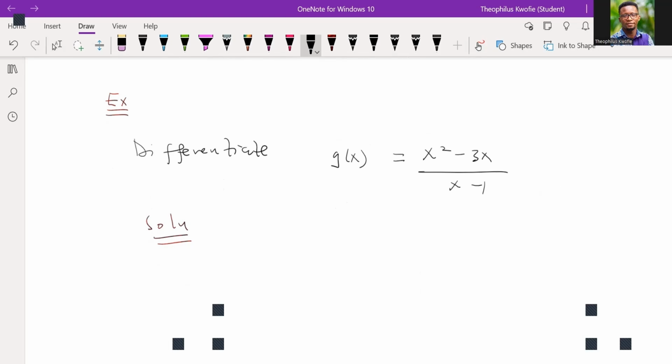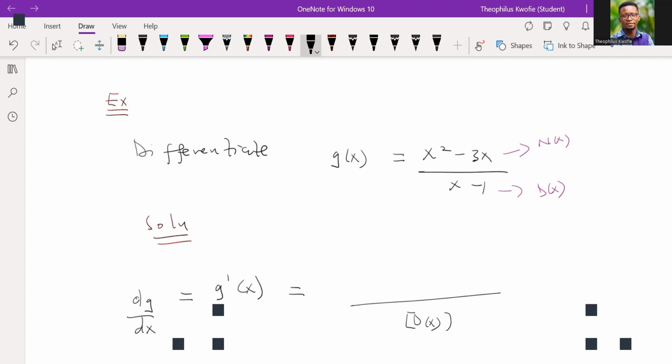So we have g of x as this. Suppose we claim that this is our n of x and this is our d of x. Now we said that to find the derivative of this quotient, we keep the denominator and square it.